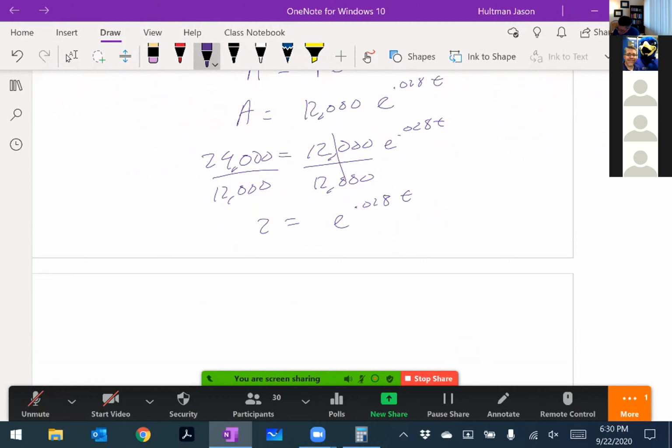Or I could say, hey, you know what? I know that when I take the natural log of e to the x, that's just x. Why is that just x? Because natural log stands for log base e. Is the natural log of e to the x equal to x?